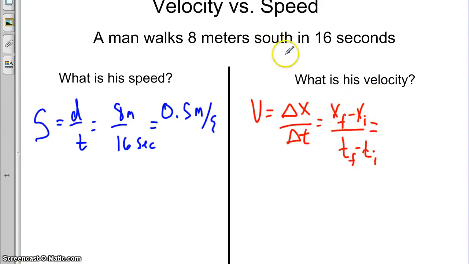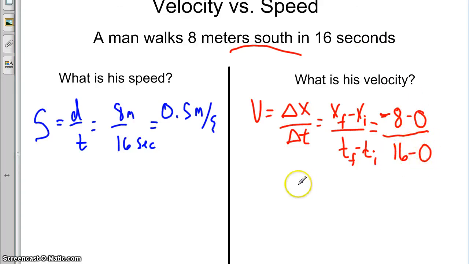So since this is south, I'm not just going to write 8, I'm going to write -8 because it was 8 meters south. So here I've got -8 to indicate the direction, minus where I began. You don't really say where you began, so we just assume we began at 0. Divided by the final time, it took me 16 seconds, minus I began again at 0. You see why we leave this off a lot of times. So -8 minus 0 gives me on top -8.